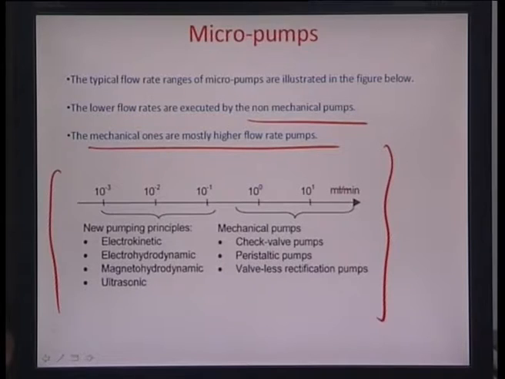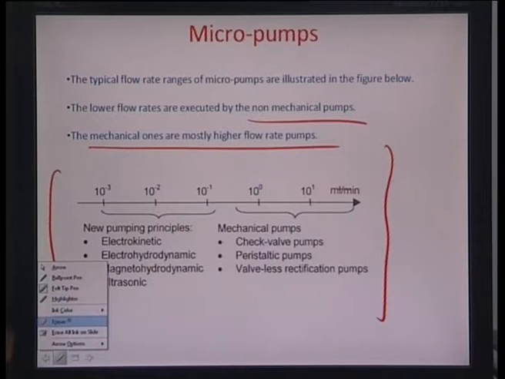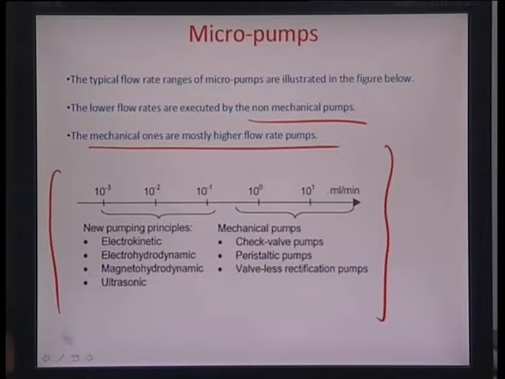So, if you look at flow rates of different pumps in terms of ml per minute, the mechanical ones are categorized here onto the right side of this particular scale. This could include check valve based peristaltic micropumps and valveless rectification pumps, and I am going to describe these in just a little bit.